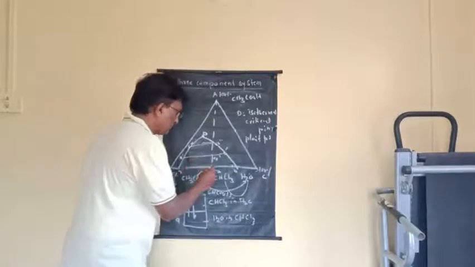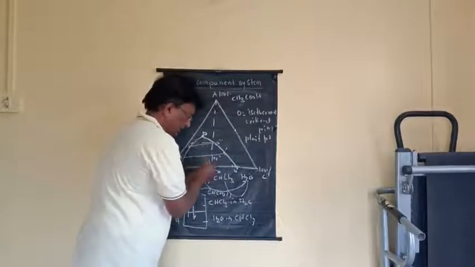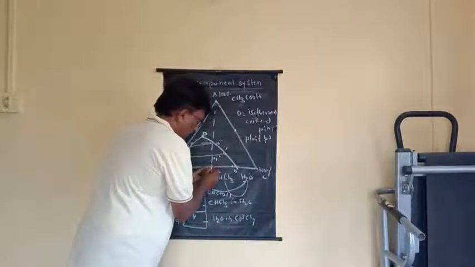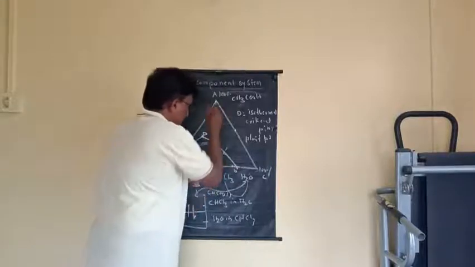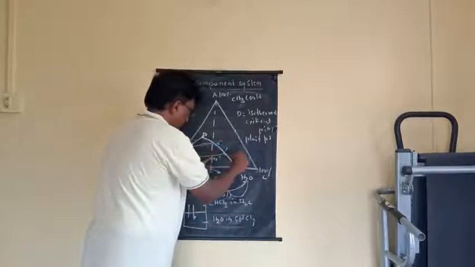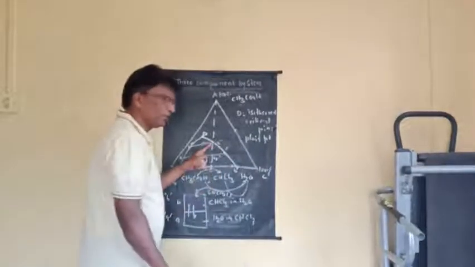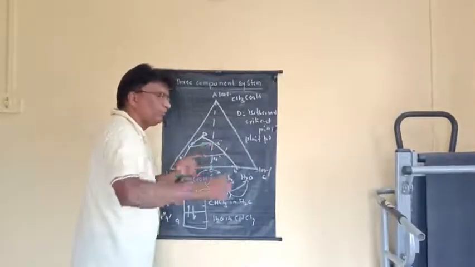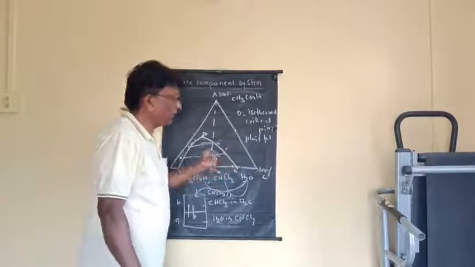Now, if we observe this line AC, here the concentration of acetic acid increases. This point C1 shows the total composition at this particular point. This C2 shows the composition at this particular point, composition of three components, because this point is inside the triangle.